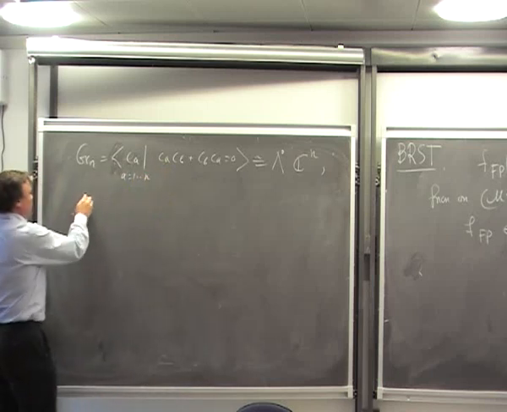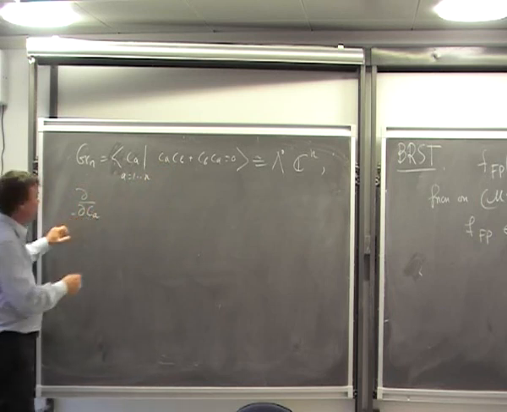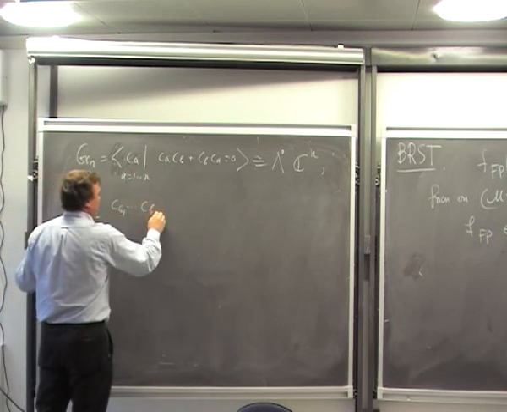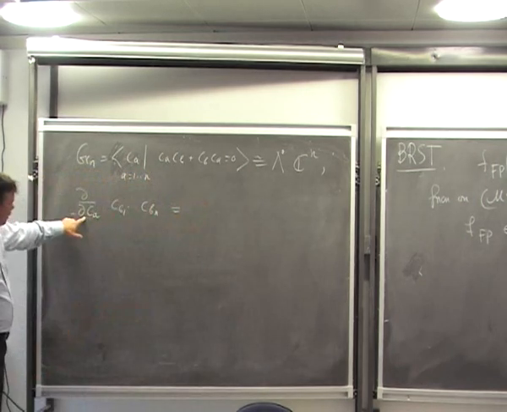So the left derivative of the monomial C_B1 ... C_BN is simply the following.